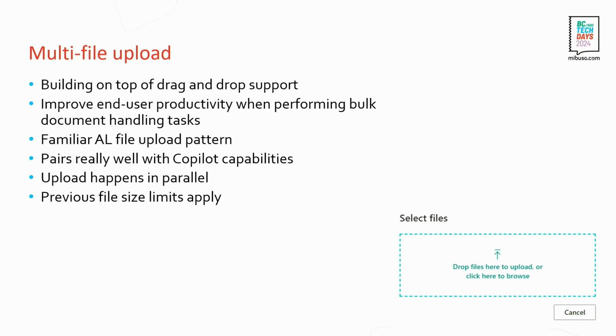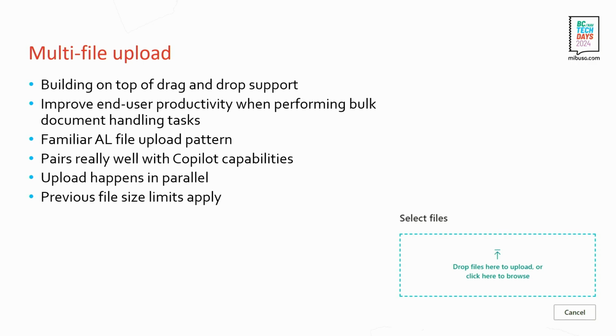Also, a bit of client behind-the-scenes detail. The upload happens in parallel, so it's a bit more efficient than single file upload. On top of that, you're also saving a lot of clicks, because otherwise you would need to click an action, upload the file, click an action, upload the file, now drag and drop.